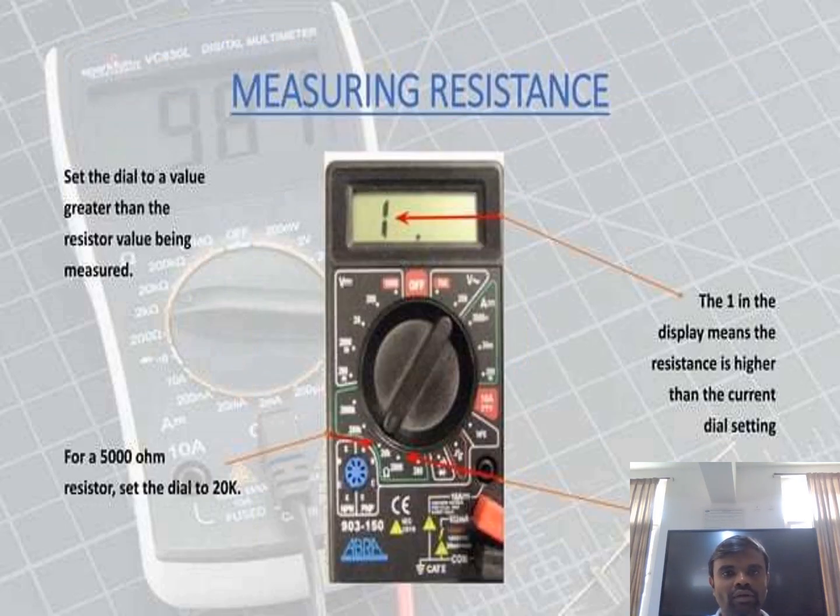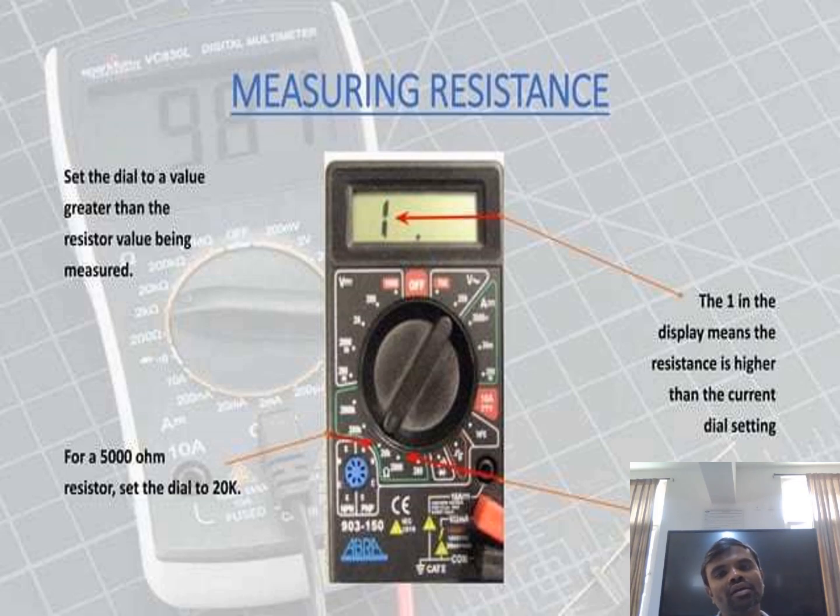So this is the way of measuring resistances. If you want to measure the value of any resistance, you have to keep the selection knob above, greater than the value of that resistance. For example, if you want to measure a 5000 ohm resistance, you have to keep the dial at 20 kilo ohms, that is 20,000 ohms, so that we can get an accurate reading of the resistance.